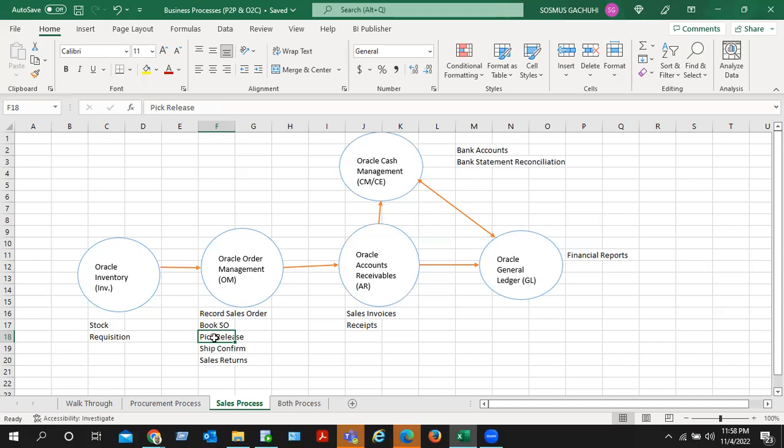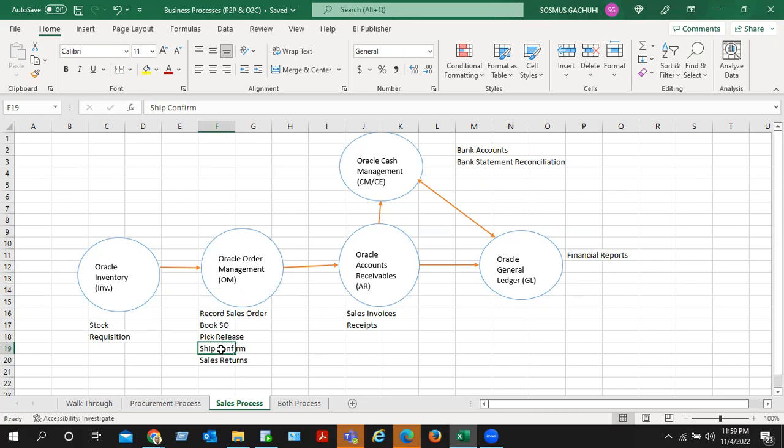Once they have pick released, the next step is the goods should be loaded into the vehicle, and they will be leaving the organization premise heading to the customer's premise. That procedure we call ship confirm. Once the ship confirm has been done, it means the sale has been completed, and now what the business should expect is the payment of the goods.